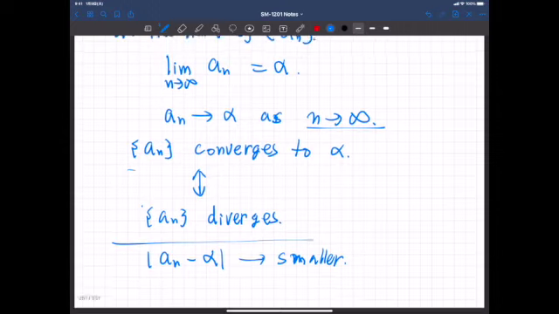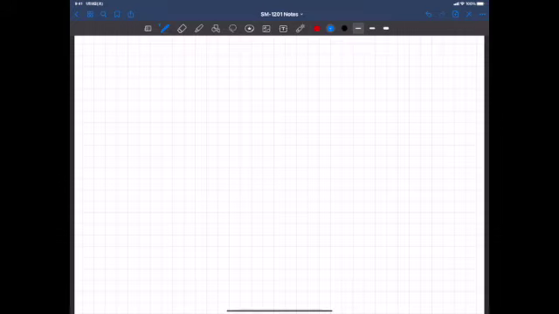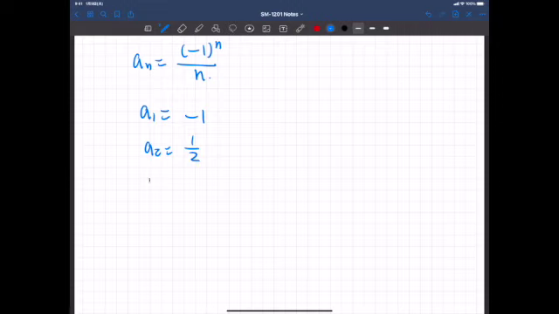Let's see a few examples of sequences. So first, let's say an is defined by -1 to the power of n over n. Then we have a1 is -1, and a2 is +1/2.